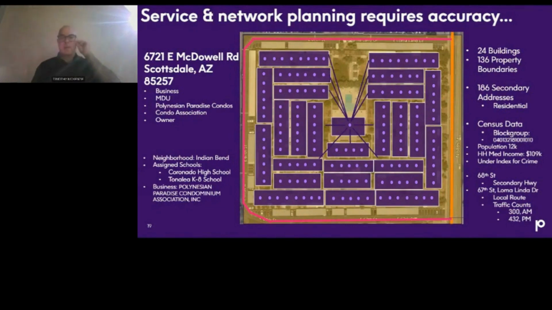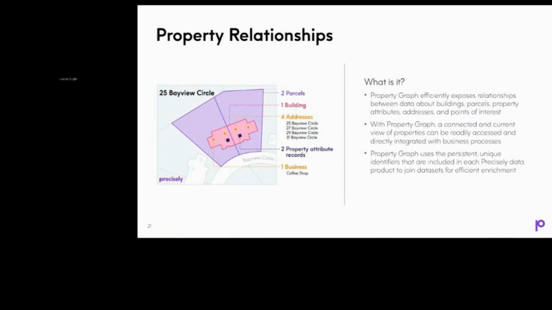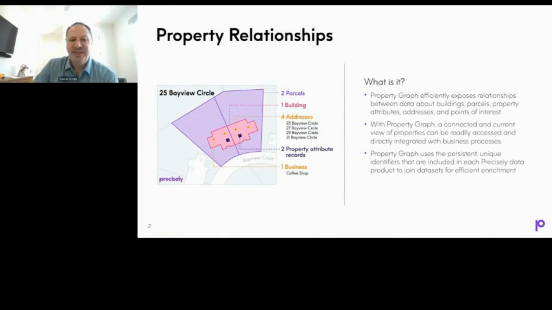Thanks, Tim. Yes, so this is from a relationship standpoint. Tim just described all the additional attributes that we provide in order to give insight to make those important decisions.